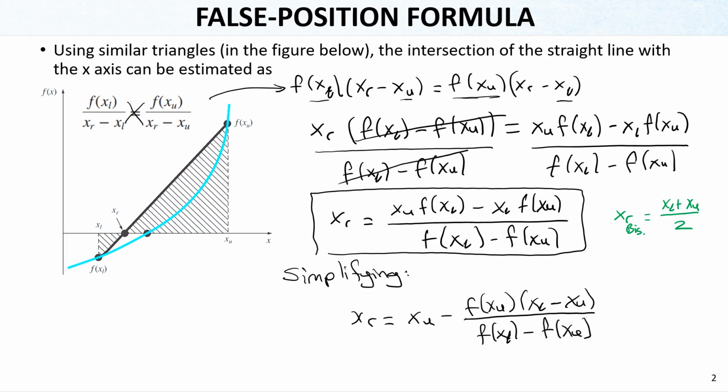The denominator is the same, but at the top we simply have xu as one single term. So this is the final formulation that we will use to find the xr value for the false position formula.